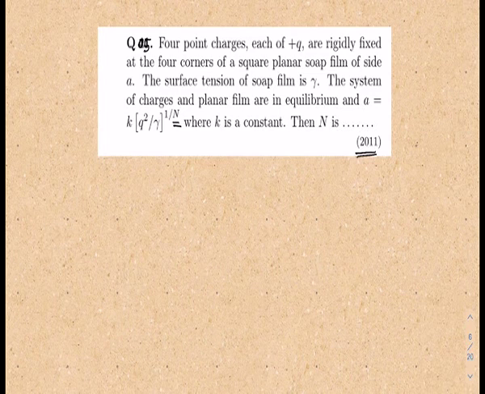The system of charges and planar film are in equilibrium, and a is equal to this expression, where k is a constant and n is what we need. So this is an integer type question. You have to basically find out n. To find out n, you have to work out the expression for a. Alright, so let us do it.